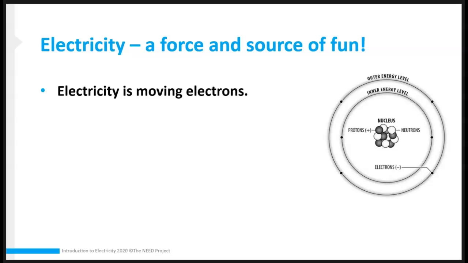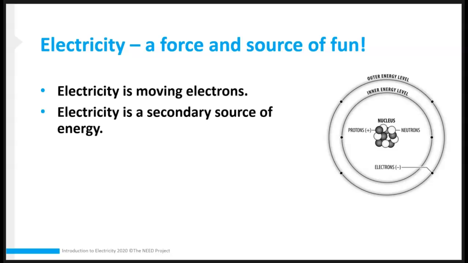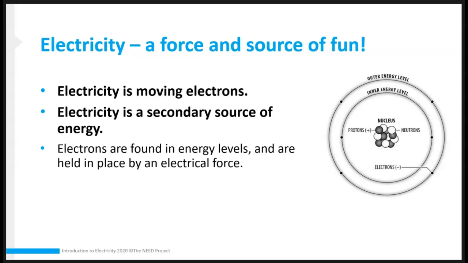Understanding how the atom is held together helps us understand how we get this secondary source of energy. The electrons are found in these different energy levels, held on by that electrical force. We know that those electrons can be pushed out of their orbits by applying a force, just like you pushing on a wall, pushing on an object.